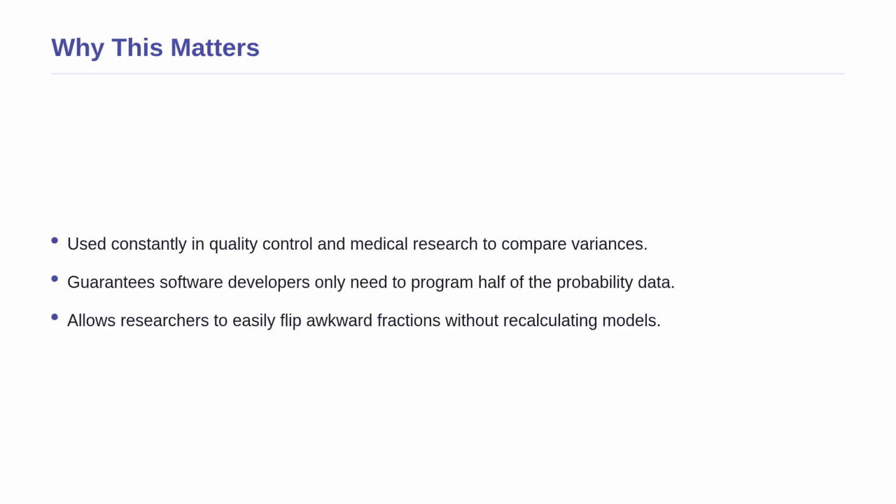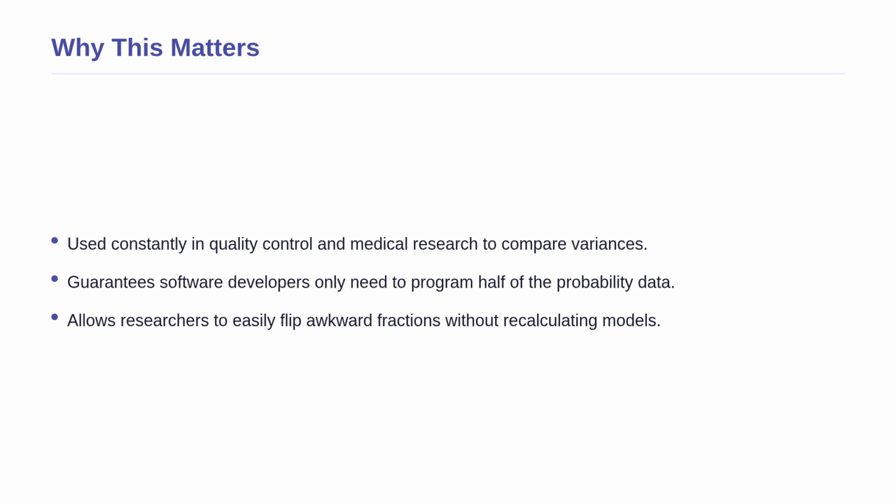Before we wrap up, let us consider why this mathematical trick matters in the real world. In practical statistics, such as quality control in manufacturing or comparing drug efficacies in medicine, we constantly compare the variances of two different samples. The reciprocal property of the inverse F distribution solves a major physical problem elegantly.